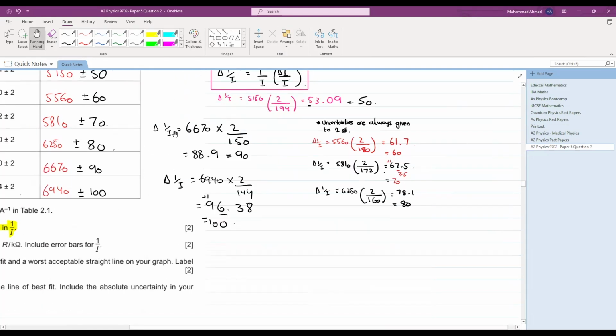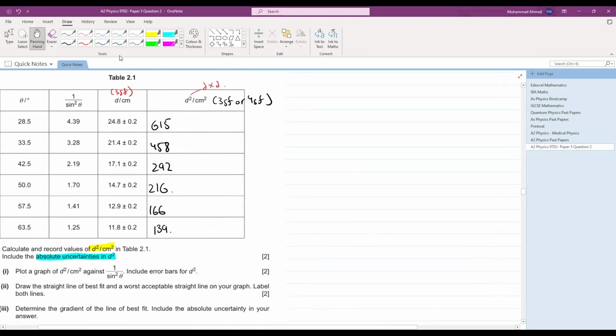So here if you look, what can we do here? Absolute uncertainty in d square divided by the value of d square is equal to absolute uncertainty of d divided by the value of d. But you have forgotten a very important thing that was taught in AS. If your variable has a power, let's say square, this will get multiplied with the fractional uncertainty.